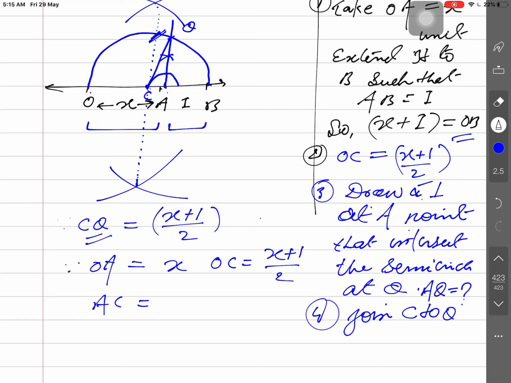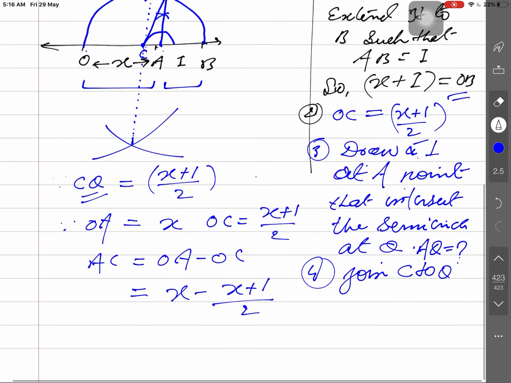AC means OA minus OC. OA is x, minus x plus 1 by 2. Clear? Carry on to the next please.